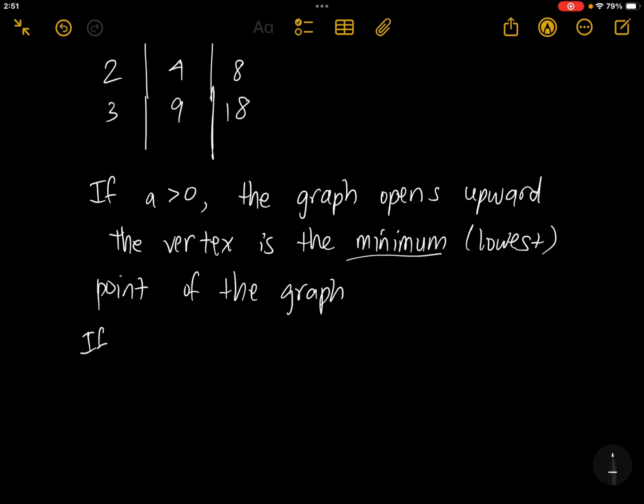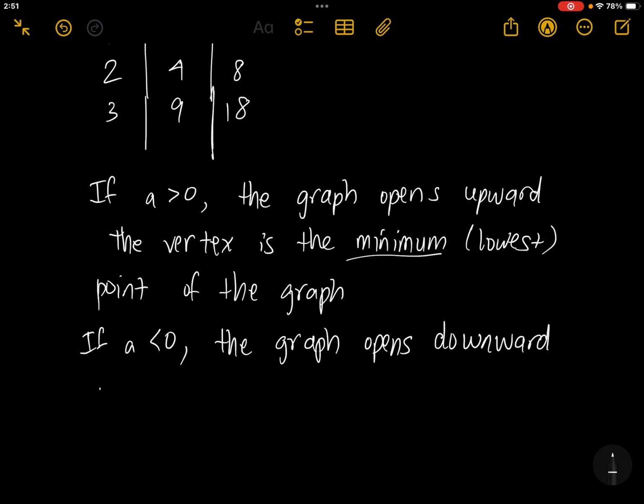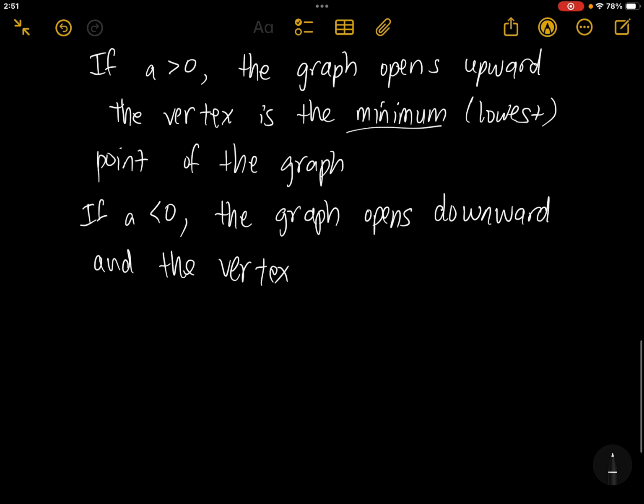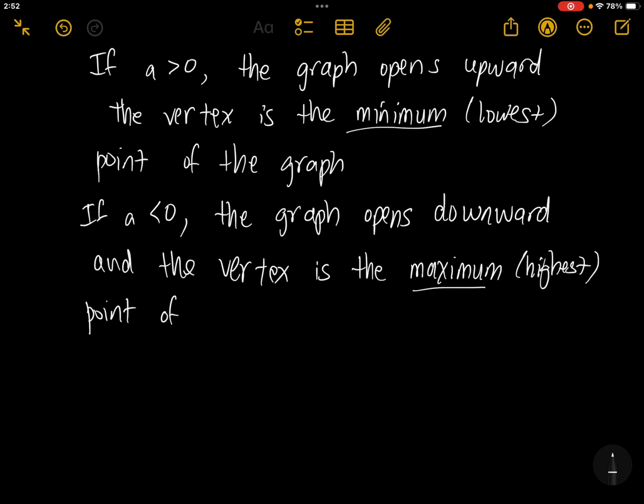On the other hand, if a is negative, then the graph opens downward. And the vertex, in the examples that we had, y equals ax squared, was still 0, 0, but this time, when a is negative, the vertex is the maximum, meaning the highest point of the graph.